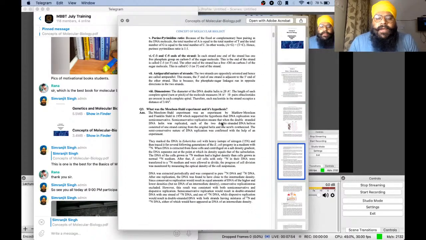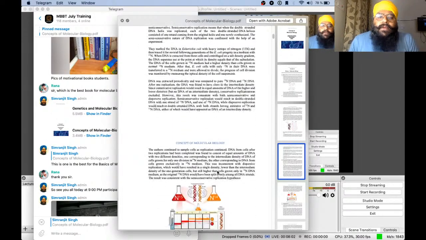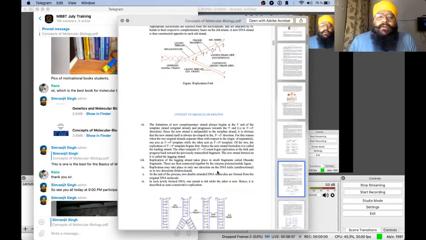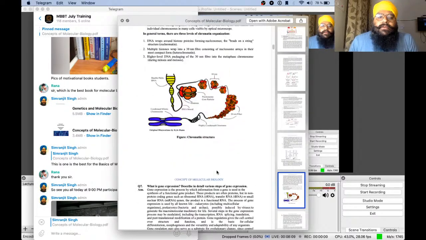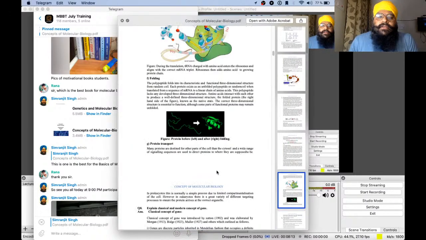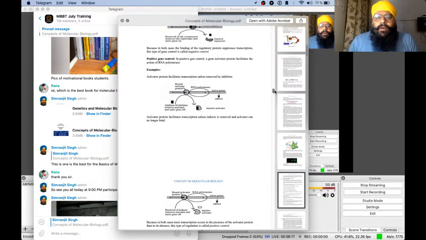So it's meant from the examination point of view. If you have any subjective exam, you can write with the help of this. Michelson-Stahl experiments, Hershey and Chase experiments, and so on. One of the best books ever. So it's made actually from the student orientation perspective.